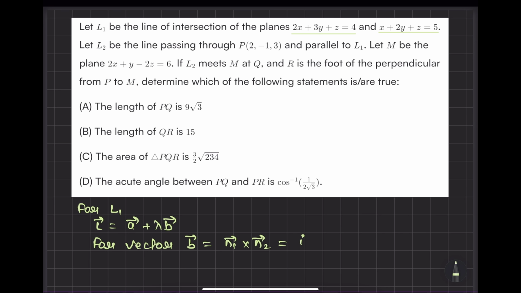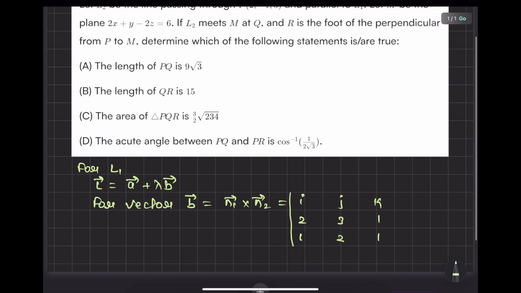So it is i, j, k. What is the normal vector of plane 1? 2i plus 3j plus k. So 2, 3, 1. Then what is the normal vector of plane 2? So it is 1, 2, 1. So this is the thing.